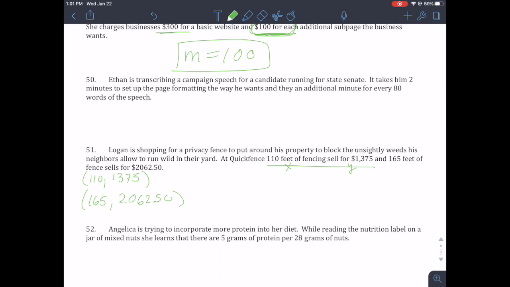So now that we have that, we can use our formula M equals Y2 minus Y1 over X2 minus X1. Okay, so we'll plug things in here. We'll get M equals 2062.50 minus 1375 over 165 minus 110.